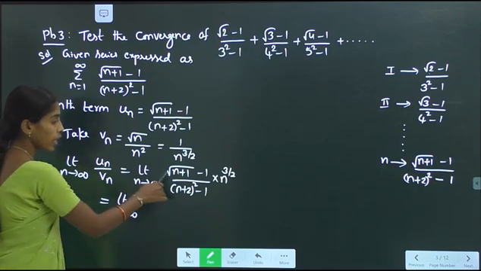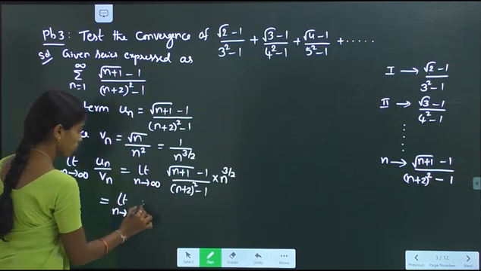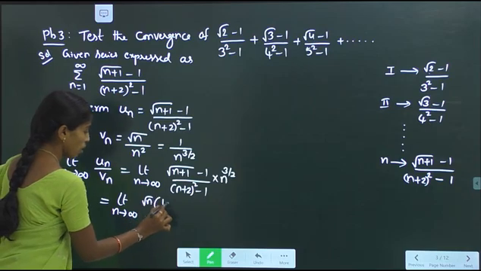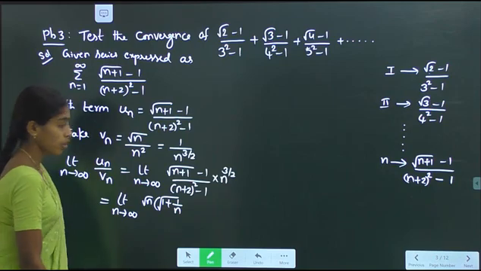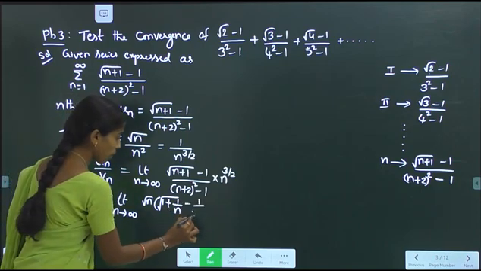Taking common root n from the numerator, it becomes square root of 1 plus 1 by n, minus 1 by root n.